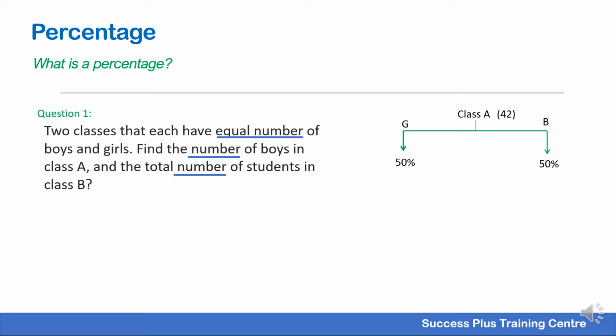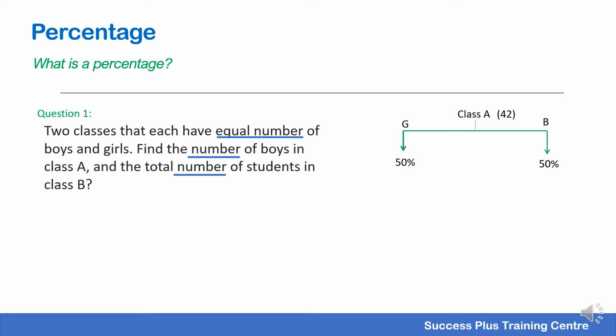This also means the percentage of boys in Class A equals the percentage of girls in the same class, which is equal to 50%. So 50% is the percentage of the boys in the class, but it's not equal to the number of boys in the class. So can you find out the number of boys in the class?